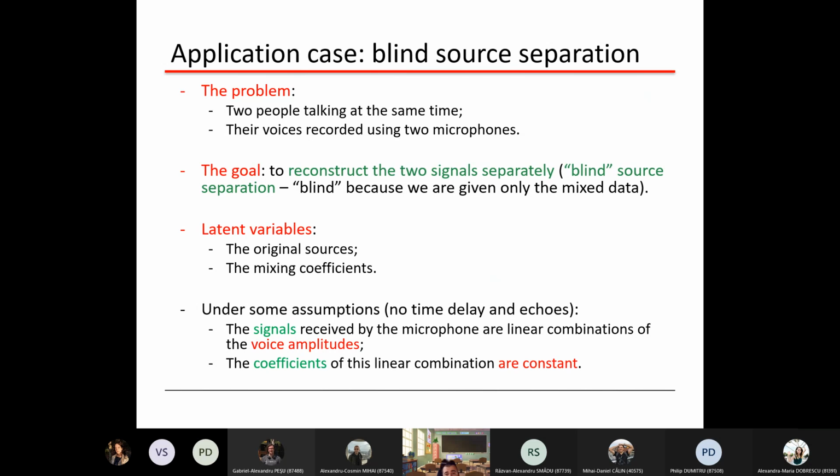This is why it's called blind source separation, because all we are given is the mixed data and we have to reconstruct the two signals independently. In this problem, the latent variables will be the original sources and the mixing coefficients. And under some assumptions, if we don't have time delay and we don't have echoes, the signals received by the microphone are linear combinations of the voice amplitudes.